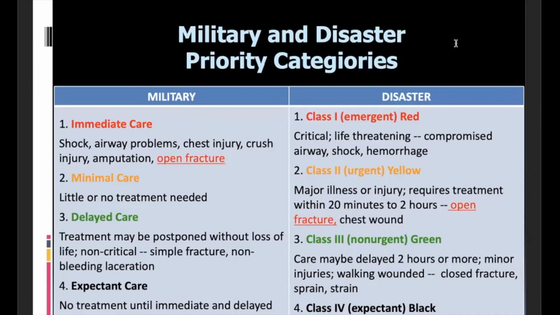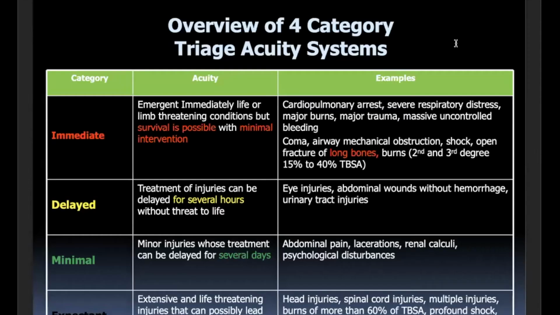So we have the immediate care, minimal care, delayed care, expectant care. Okay, these are good to read. However, this part is the one that we're going to follow. Okay, so in terms of the colors, we have red, yellow, green, and black. So the red is the immediate.